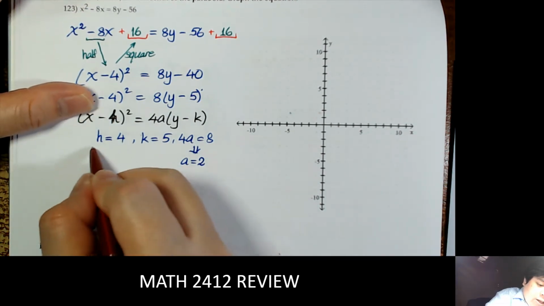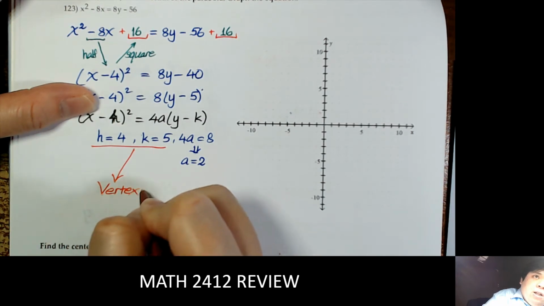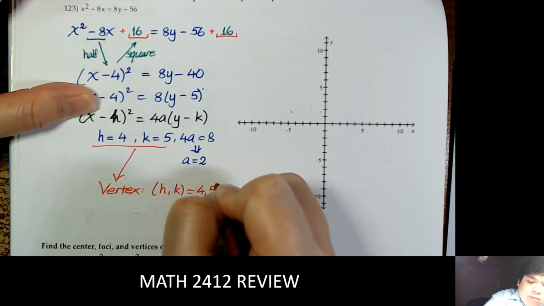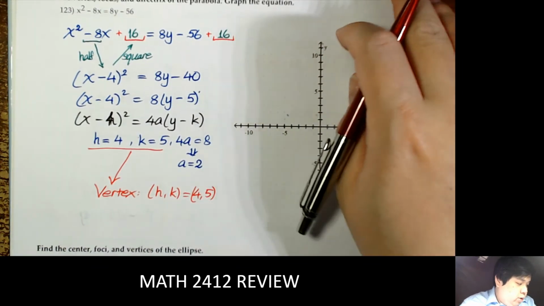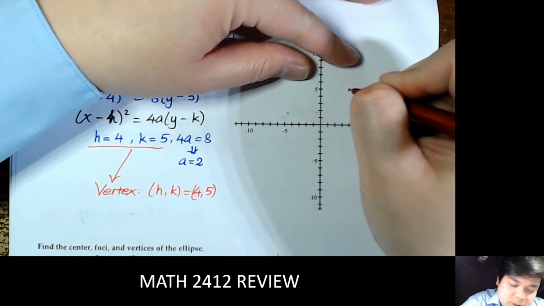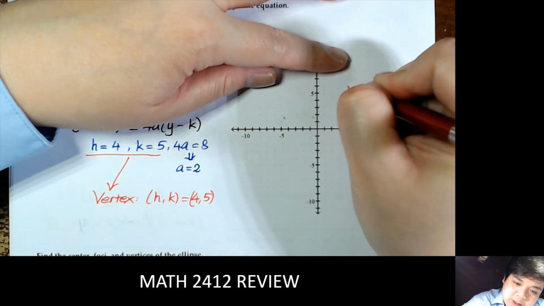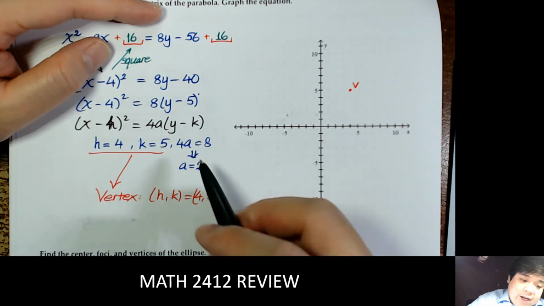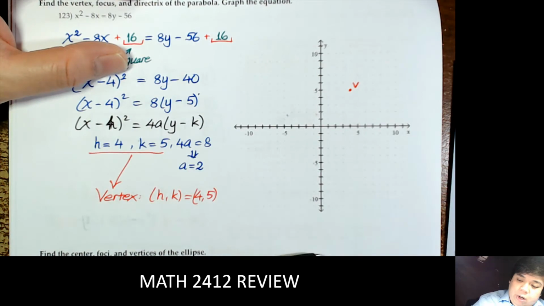From these two, the vertex is (h, k), 4 and 5. h equal to 4, y equal to 5. That is the vertex. And a is 2, and this one is positive here, so this one opens up.